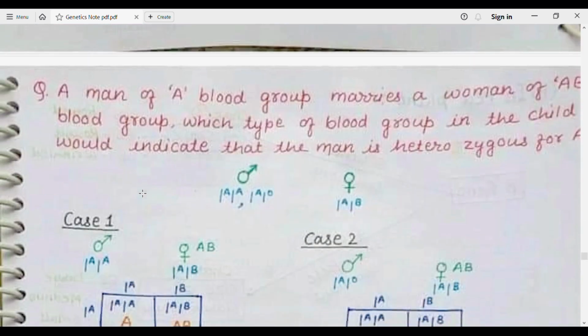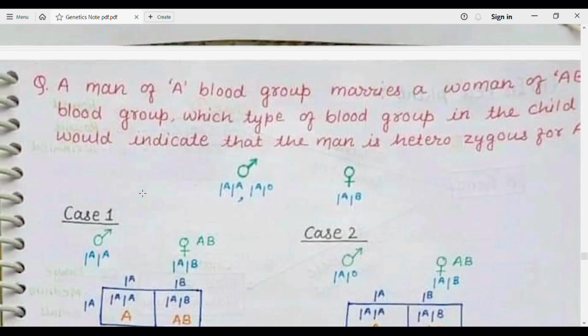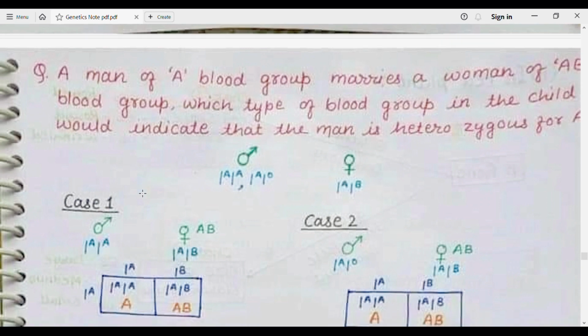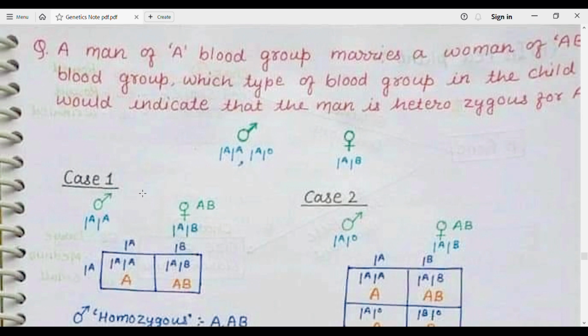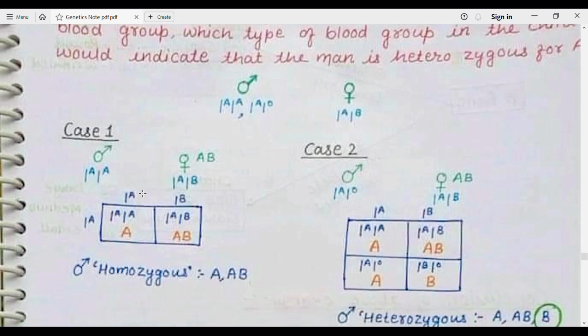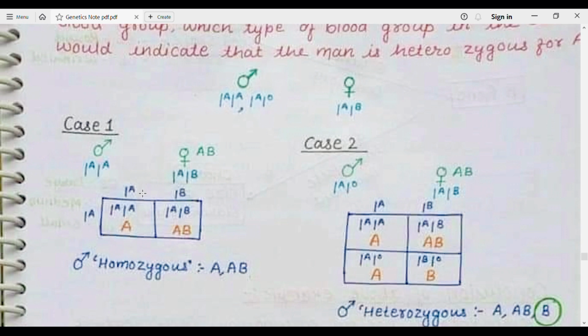A man of A blood group marries a woman of AB blood group. Which type of blood group in the child would indicate that the man is heterozygous for A blood group? We take two cases here. In case one, the man's blood group is homozygous. If he crosses with a female of blood group AB, then A and AB blood groups are possible.